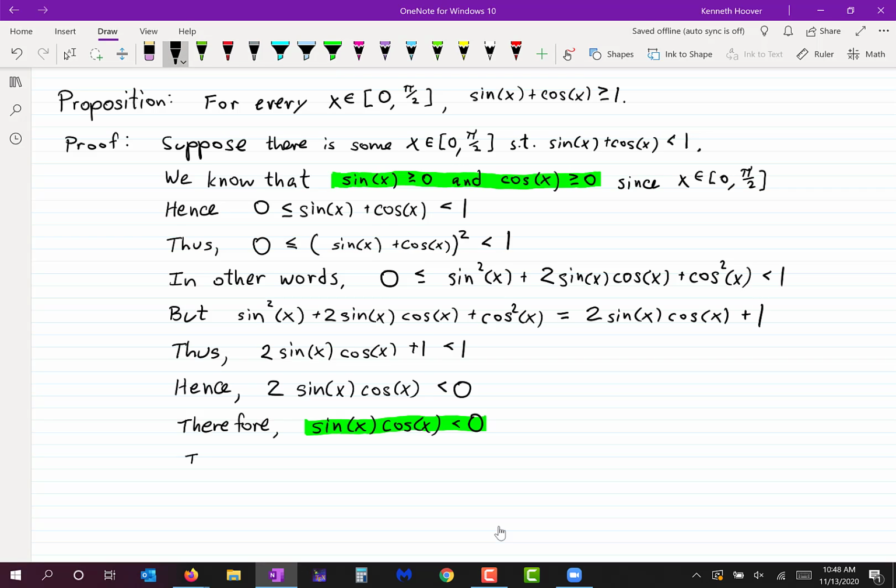So I'm going to write this contradicts the fact that sine of x is equal to or greater than 0 and cosine of x is equal to or greater than 0.